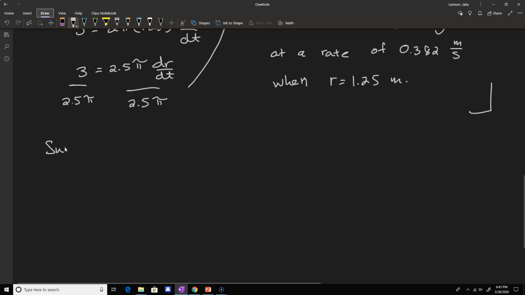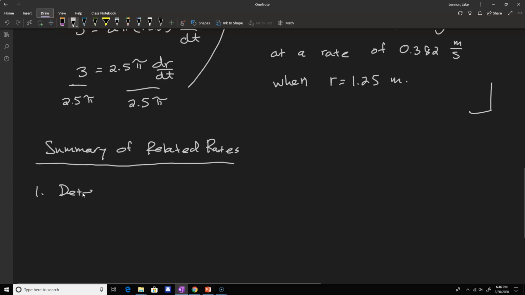Summary of related rates. So what is the summary? Well, one, we want to determine a formula that relates the unknowns.